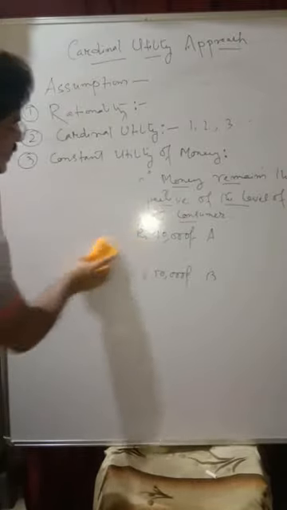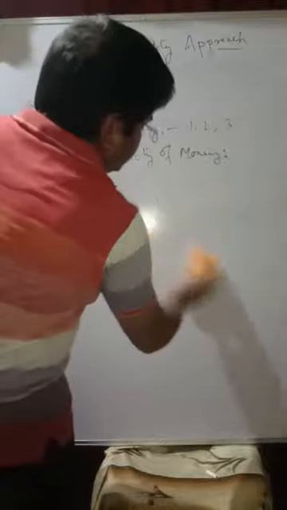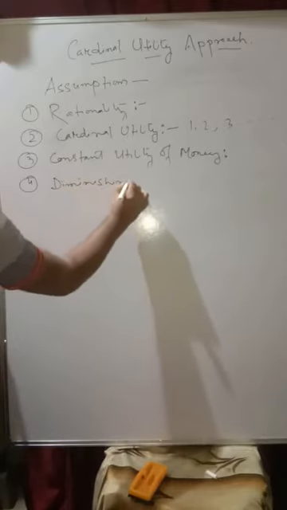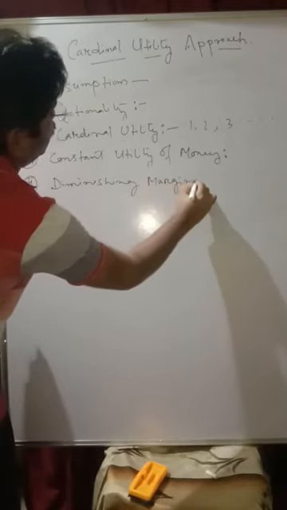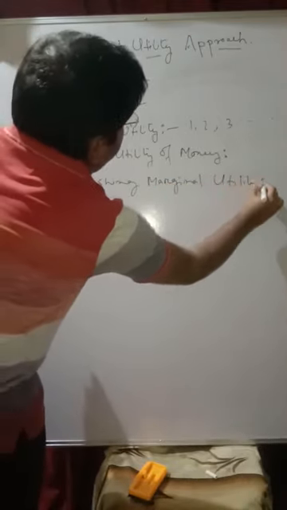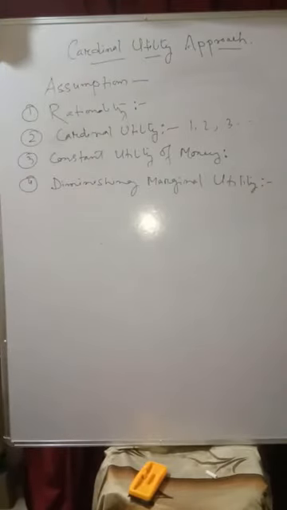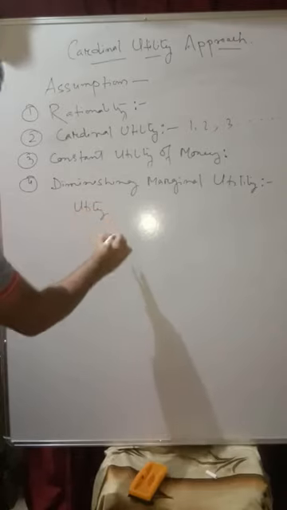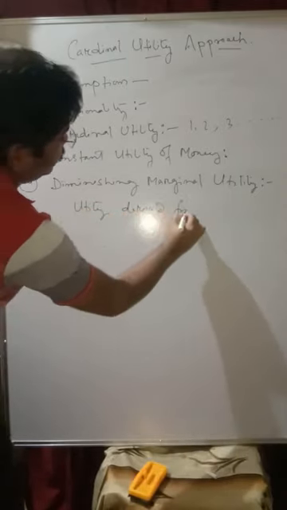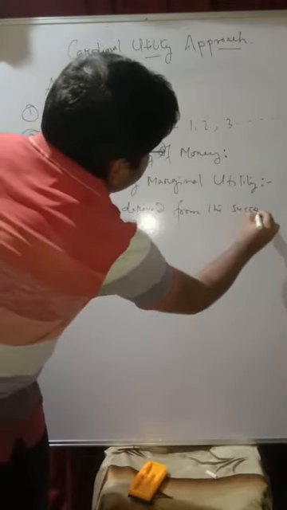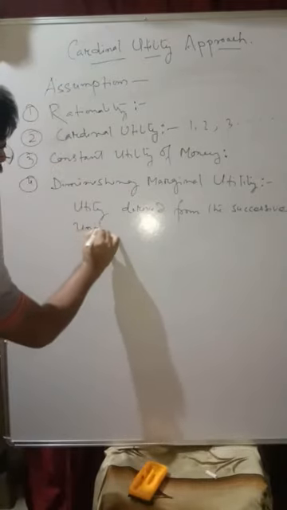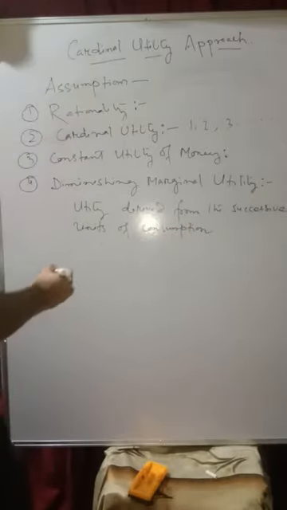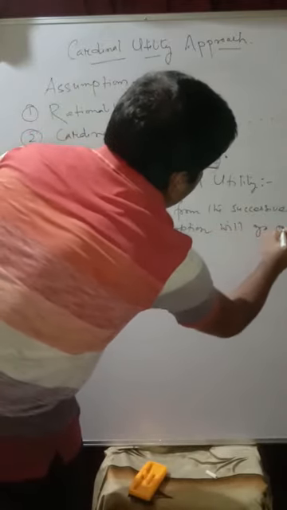Now the fourth assumption is diminishing marginal utility. Under this assumption, it is opined that the utility derived from the successive units of consumption will go on diminishing.